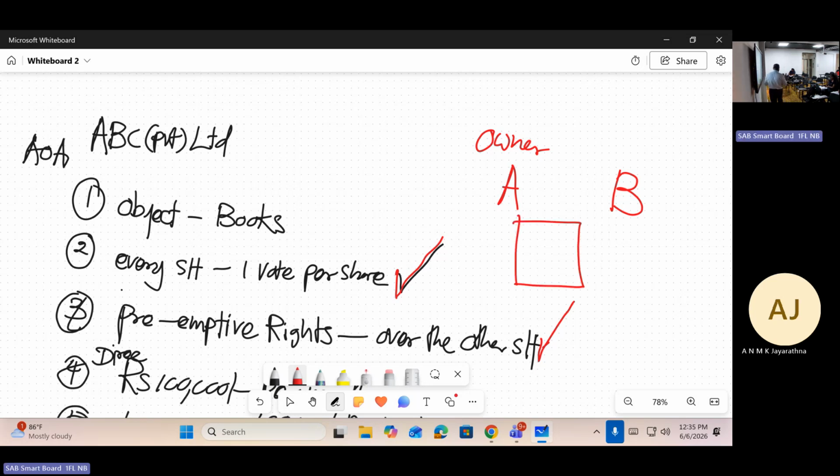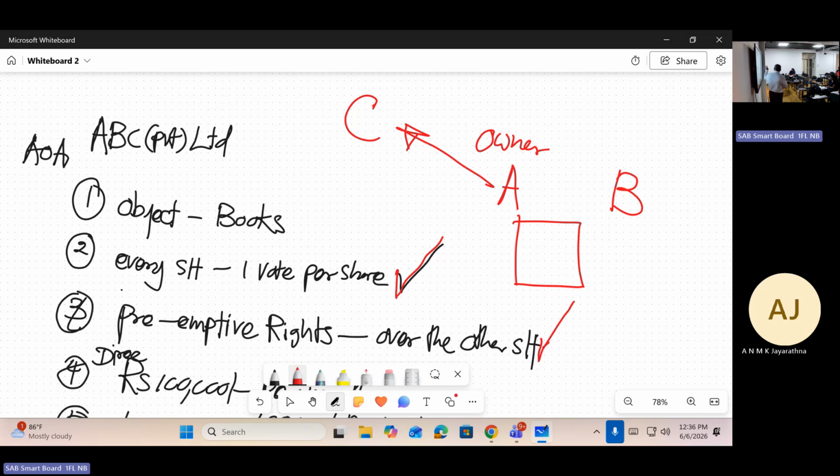If B has a preemptive right over the property of A, this right means that if A goes to sell this land, the first choice to purchase the land must be given to B. If B refuses to purchase the land, then A can sell it to an outside third party.